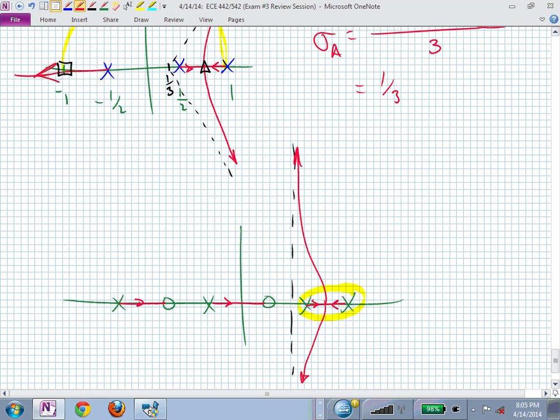But I could ask you for a range of K for stability. Let's say this is -1, and let's say this is 3/4. Any ideas of stabilizing this system? Will it be stable for all values of non-negative K?